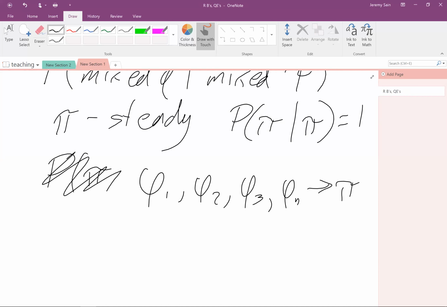Okay, I'm trying to talk around something without talking around it. But the point is, eventually that's what happens. So you'll have some distribution of your actual probability states. So your states you started with, if you hit it with this Markov chain transition matrix enough times, it will converge to this steady state distribution.